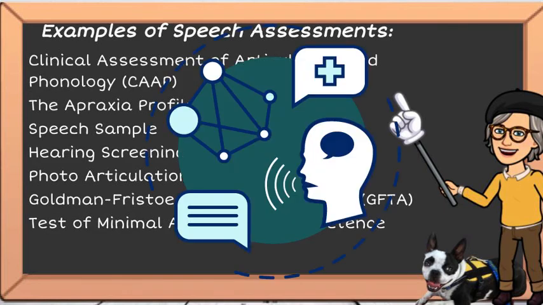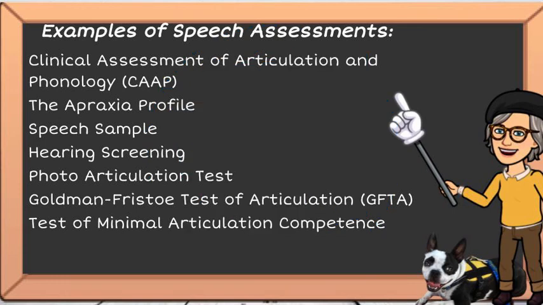Of course, you'll work with the speech-language pathologist for these types of assessments. The speech-language pathologist will actually complete these assessments, and some of those assessments will be things like the Clinical Assessment of Articulation and Phonology, or the Goldman-Fristoe Test of Articulation. Those are some pretty common ones.